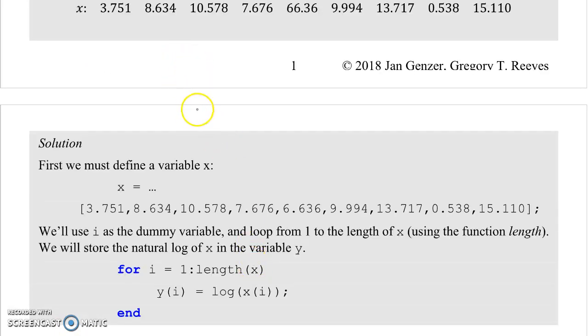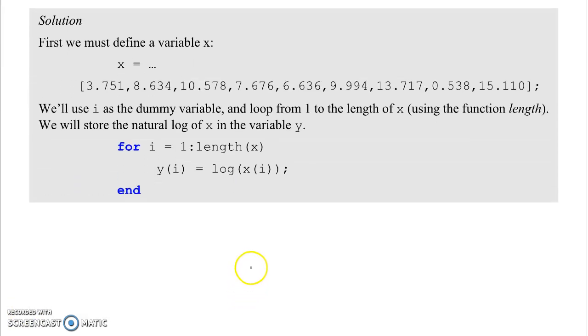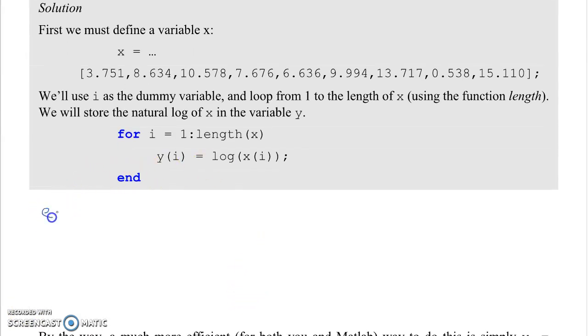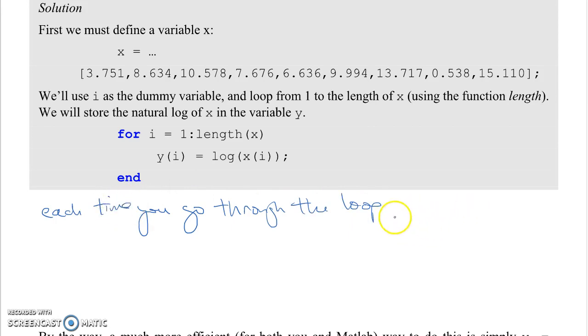Now there are a couple more things to note about this for loop. The first one is that each time you go through the loop, or each iteration, something needs to be accomplished.